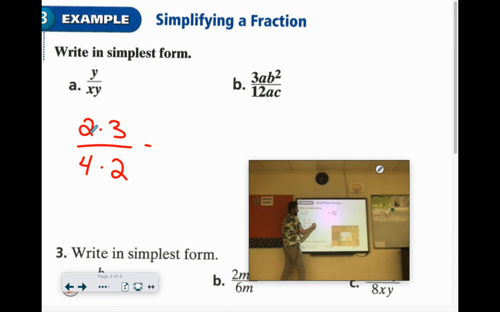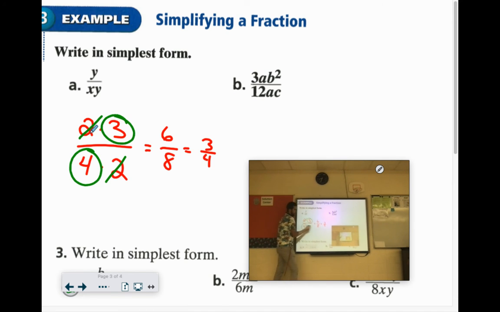Now 2 times 3 is 6, 4 times 2 is 8. This would simplify to 3/4. But if you see something in the numerator and denominator, you can cancel them out. You could cancel out the 2 for the 2, and then look what's left. 3 over 4.